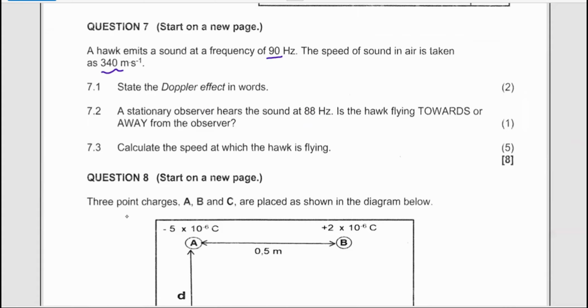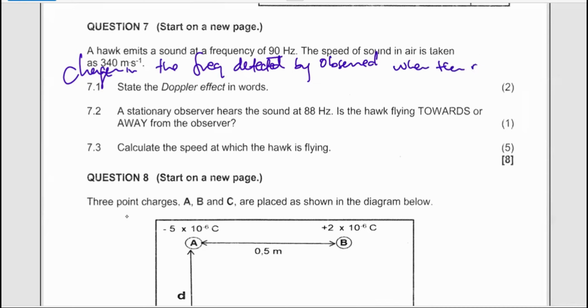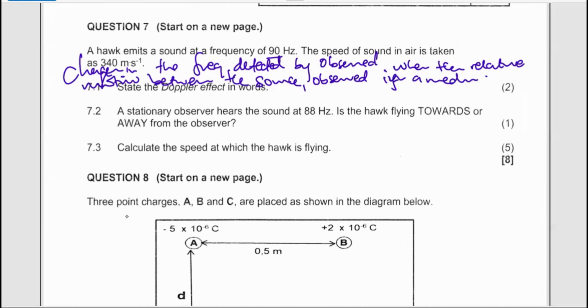We can say it's the change in the frequency detected by the observer when there is relative motion between the source and observer in a medium, in a wave medium or something of the sort.